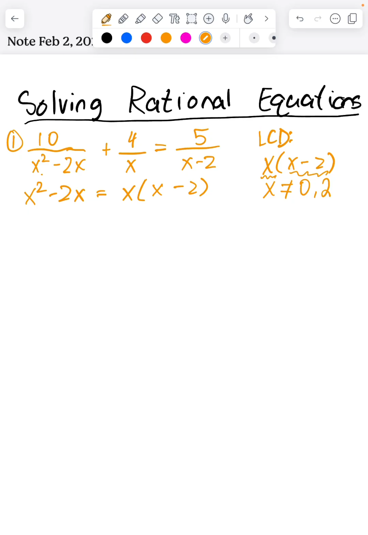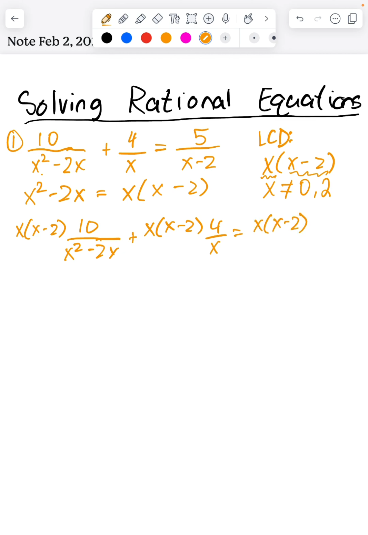Now we're going to multiply everything by the LCD, all the terms, to get rid of our denominator. So x times x minus 2 times 10 over x squared minus 2x, plus x times x minus 2 times 4 over x, equals x times x minus 2 times 5 over x minus 2.